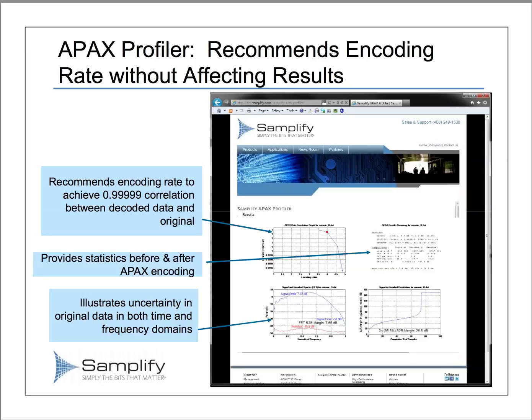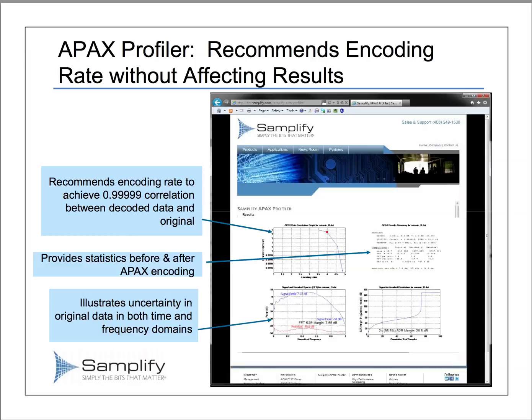The other couple curves on the lower half of the profiler output window, the left-hand graph is showing you the input signal spectrum, so taking the FFT of that data and then displaying it, and then showing you what is the difference between the decoded signal and the original signal. So that is called the residual signal, and that's shown in the lower left-hand graph in red.